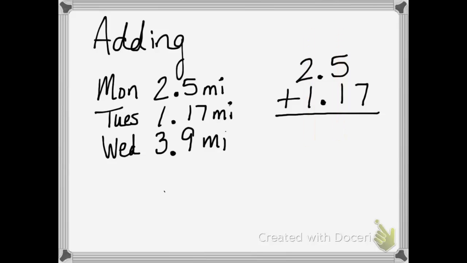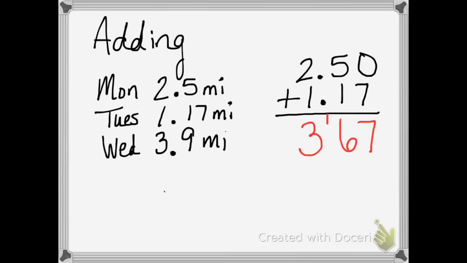Now it may be that just leaving a blank spot like we have here in the hundredths place in 2.5 is confusing for you, so you may want to add a 0 as a placeholder there just to keep track of the fact that we have 0 in the hundredths place. And then I can just continue to add, so 0 plus 7 is 7, 5 plus 1 is 6, and 2 plus 1 is 3.